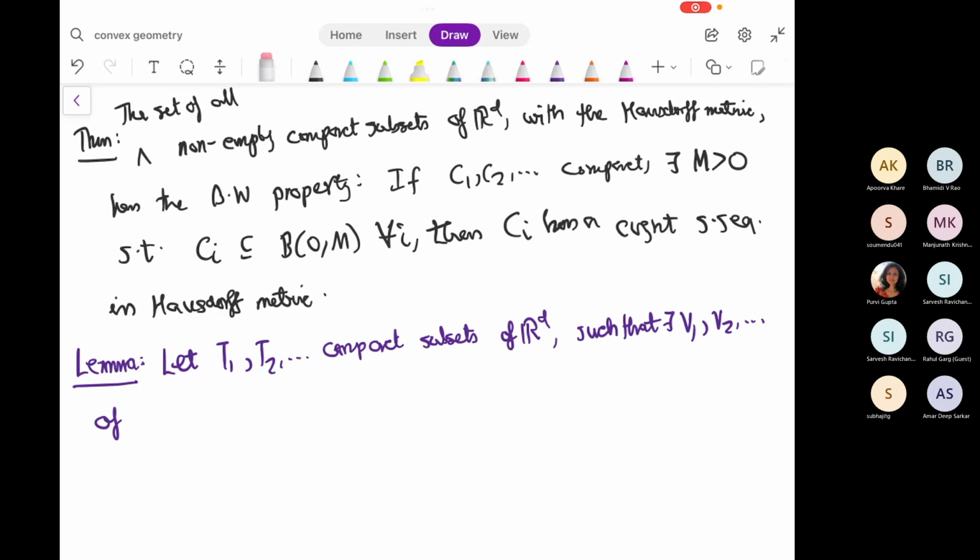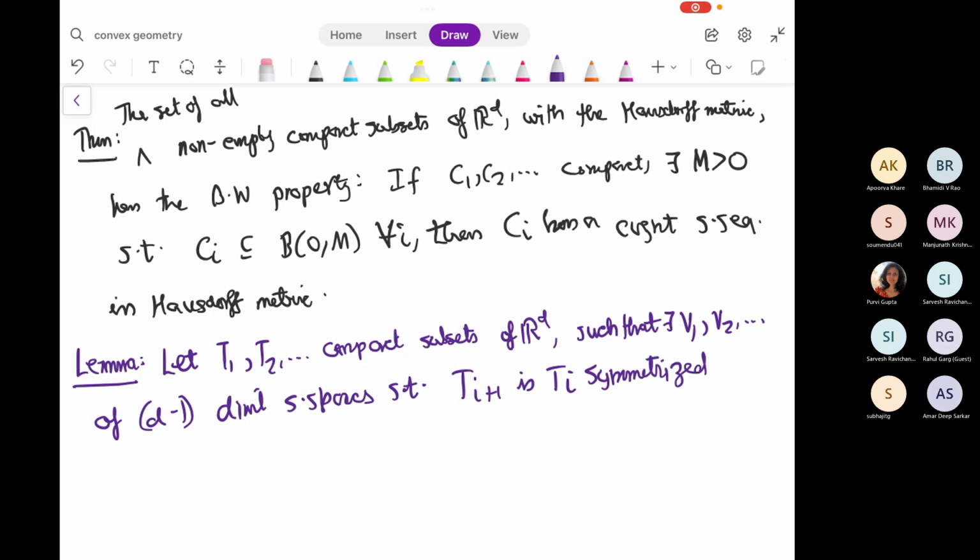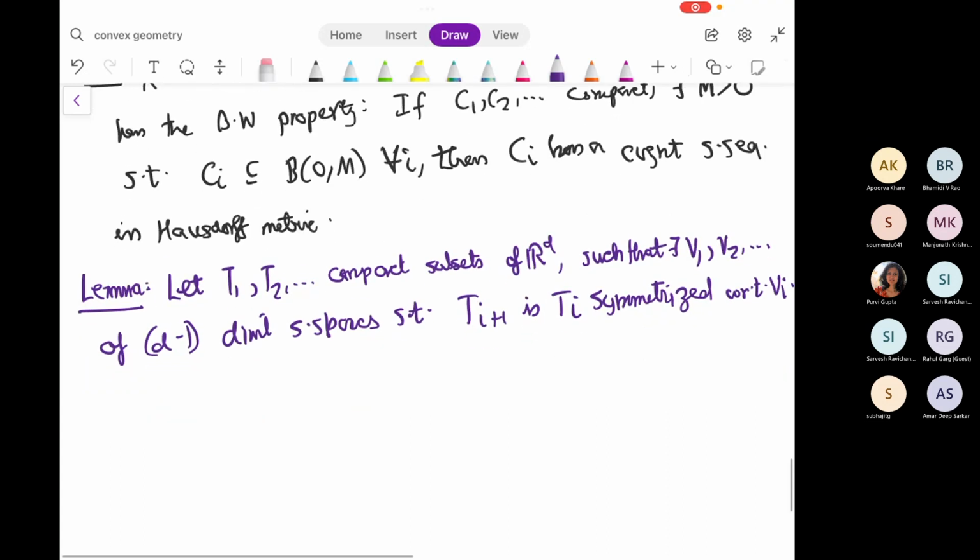Or I should not call them hyperplanes, excuse me. I should really call them (d-1)-dimensional subspaces to avoid confusion, such that Ti+1 is Ti symmetrized with respect to Vi. So the point is, if Ti has certain lacunae, the same will be retained in Ti+1 and in fact further added to. That is what is going to happen.